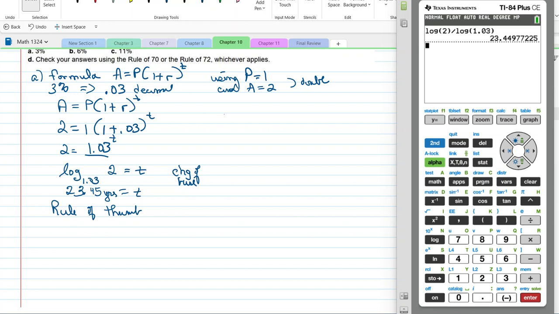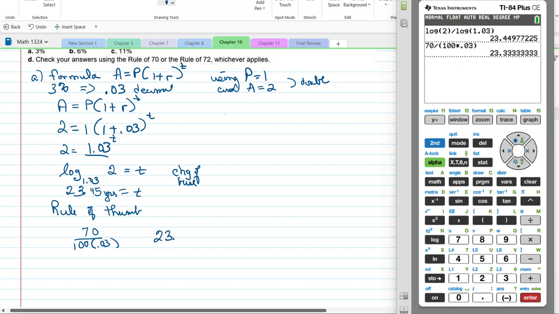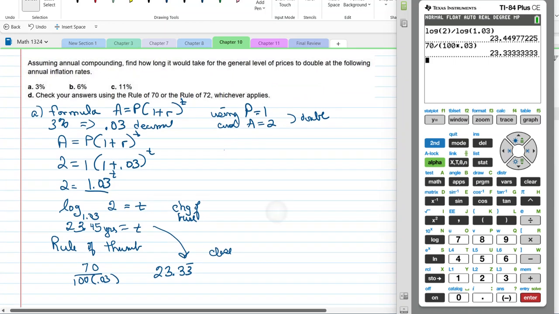The rule of thumb is 70 divided by 100 times 0.03. We have to put that in parentheses, because we want it all in the denominator. And I get 23.3. So they are very close. We can see the utility of that.